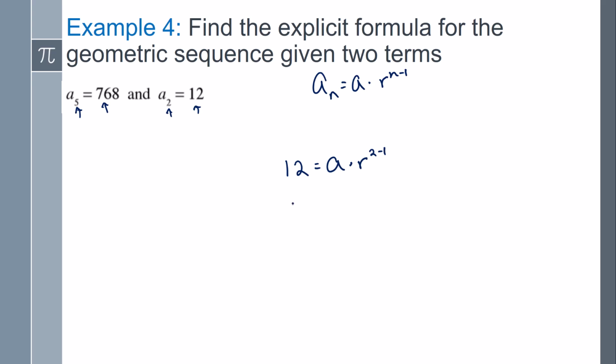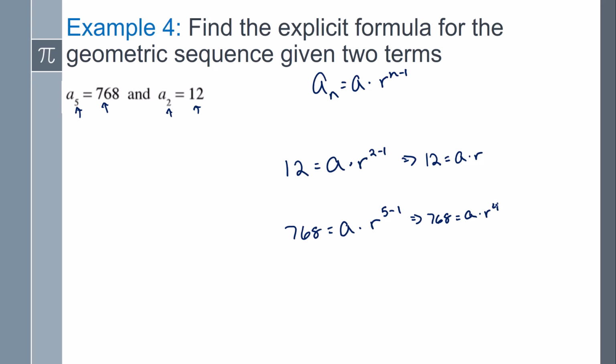And then my next one is going to be a sub n equals a times r to the n minus 1. Now just rewriting this, this is going to be 12 equals a times r, and then this one is just going to be 768 equals a times r to the fourth.